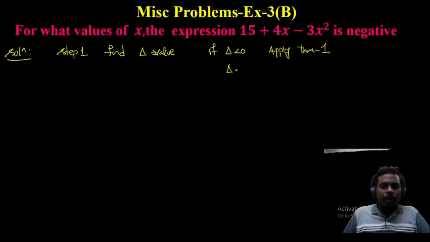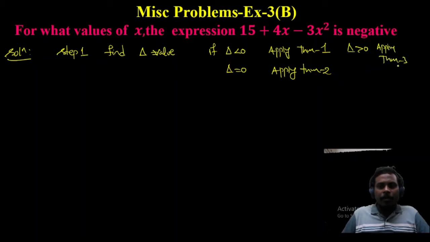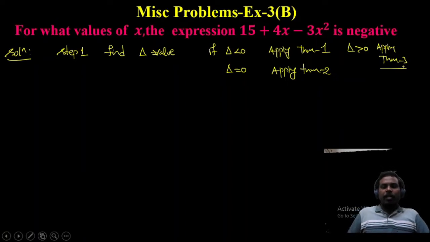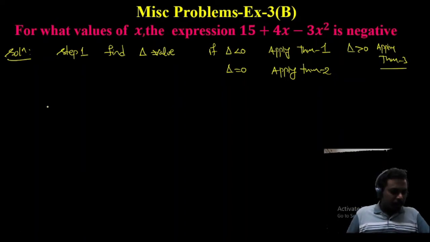If delta is equal to 0, apply theorem 2. And if delta is greater than 0, apply theorem 3. So this is a practice in answering these kinds of questions.